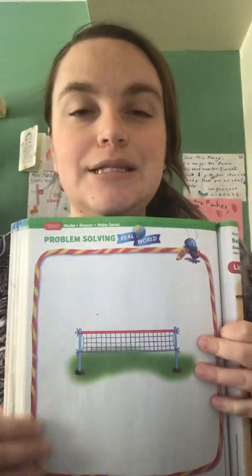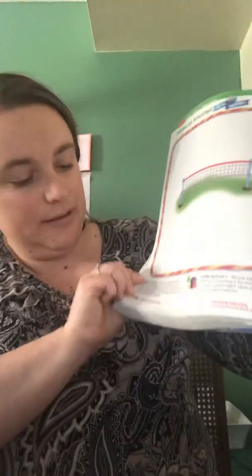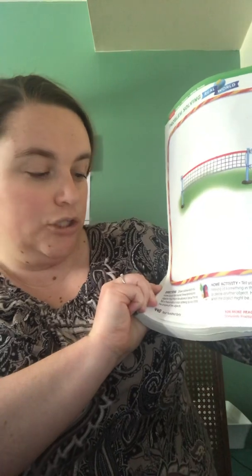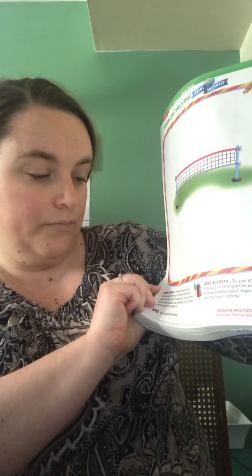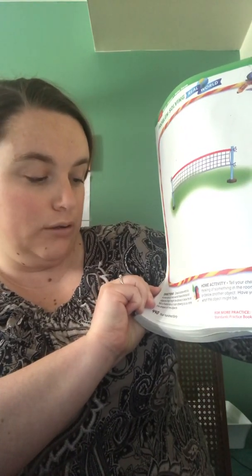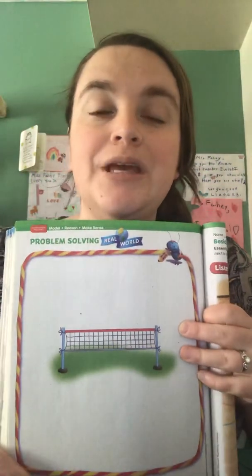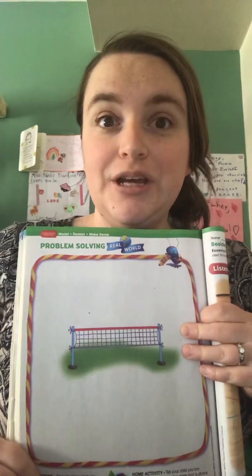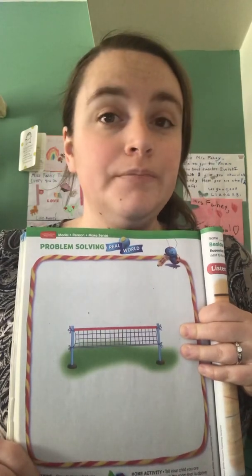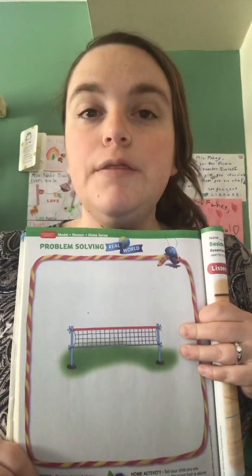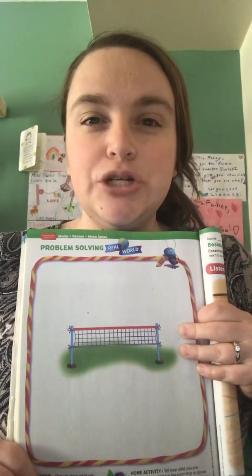440. Here we have a net with nothing around it. The directions ask to draw to show what you know about real-world three-dimensional objects that might be above or below the net. Think about those three-dimensional objects. Think about the sphere, the cube, the cone, and the cylinder.